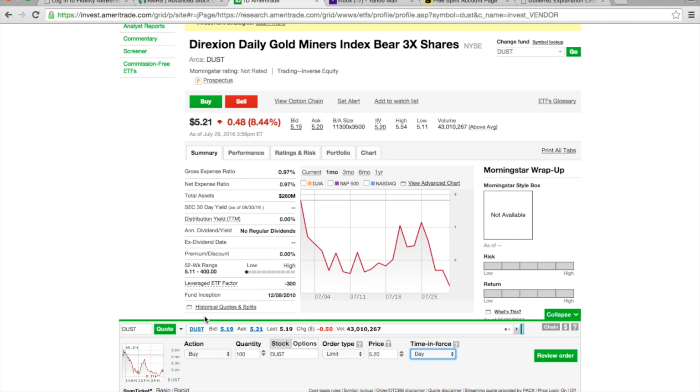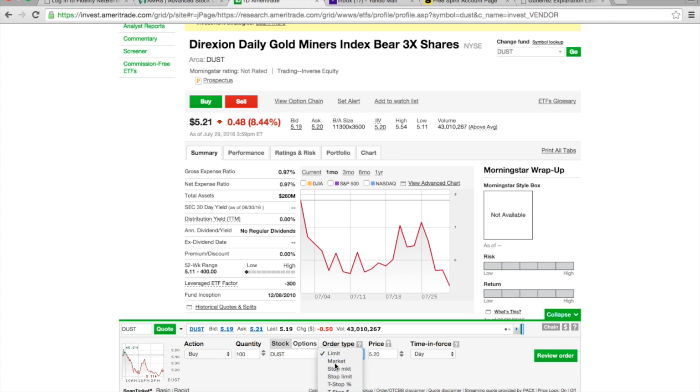So just so you guys have a better understanding, I am submitting to buy 100 shares of DUST at the limit price, which means at that set price of $5.20 for this trading day. And this is the most important thing if you don't know much about trading: what does limit mean.